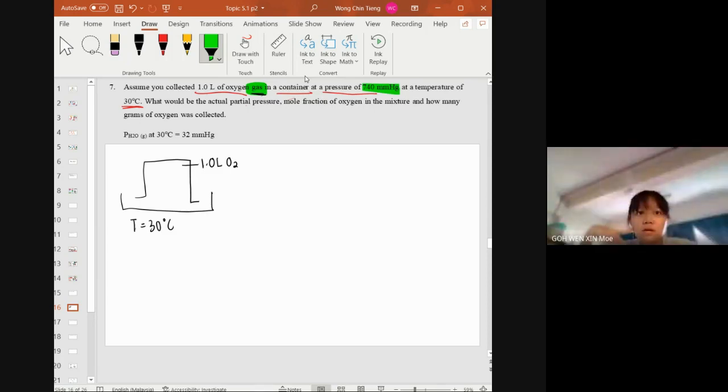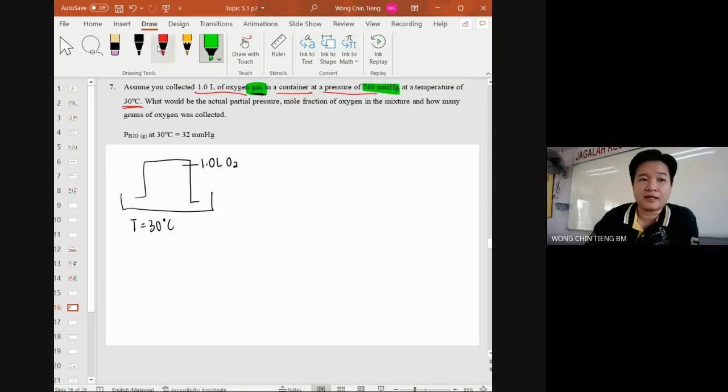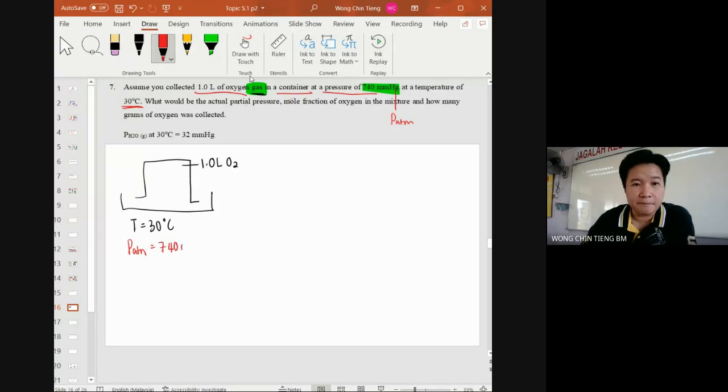Atmospheric. Alright, that is your PATM. So the PATM over here is 740 millimeter mercury. Dengan kata lain, that is my atmospheric pressure.